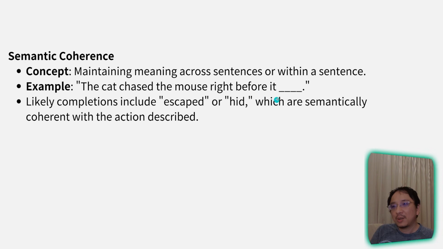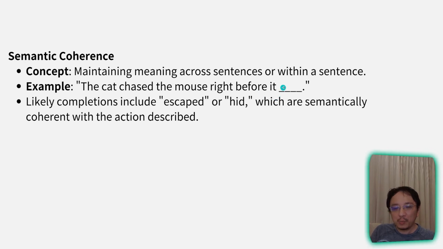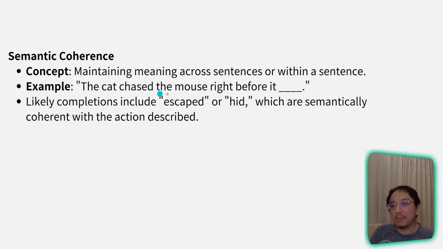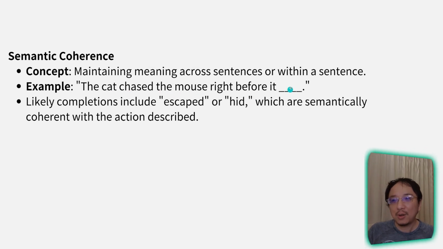First of all, the model has to identify that it is the mouse and see what is actually happening. The event that the cat chased the mouse is before what it does, which mostly implies that after it did something, the cat stopped chasing the mouse. So we know that this word is likely to be escaped or hit.